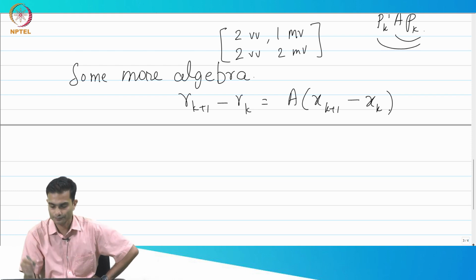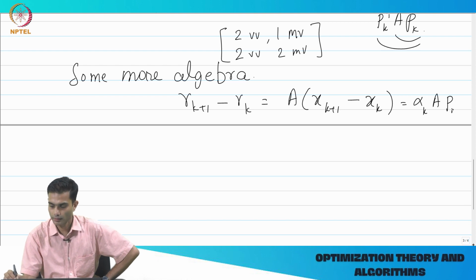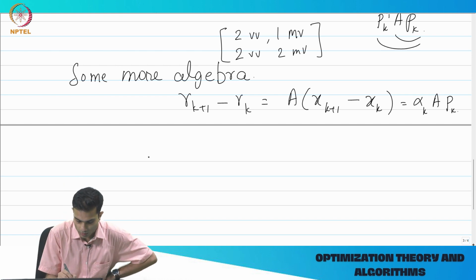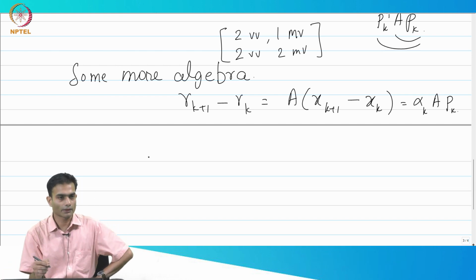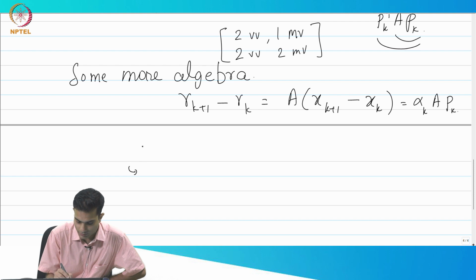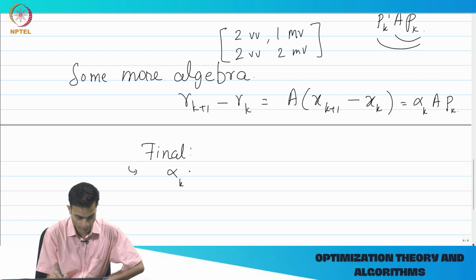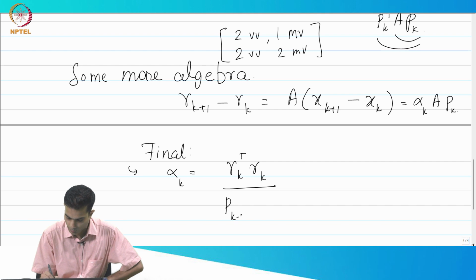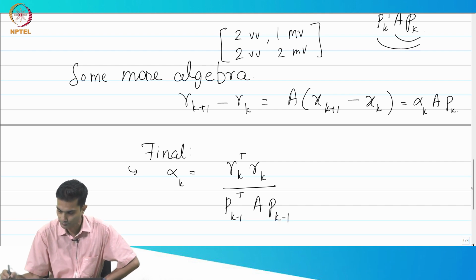Alpha k pk, right? So this is alpha k a pk. Okay, this is one thing that you have. So I'm just going to write down the final expression that you get from here. The final expression that you get for alpha k turns out to be rk transpose rk divided by pk minus 1 transpose a pk minus 1.